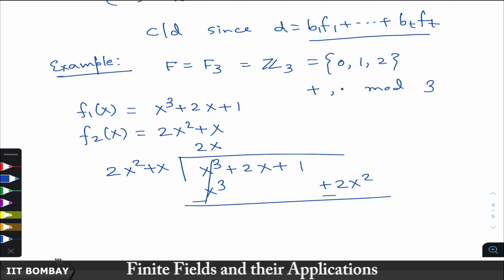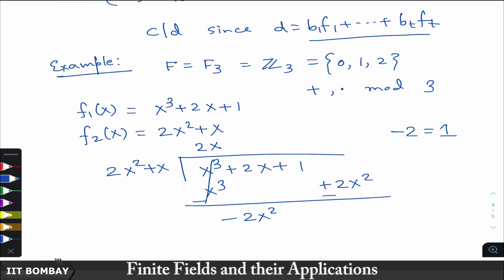this term cancels, we get minus 2x square, and minus 2 is the same as 1 in F3, Z3, because 1 plus 2 is 0 modulo 3, and so 1 is the additive inverse of 2.